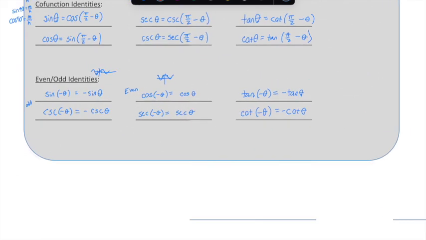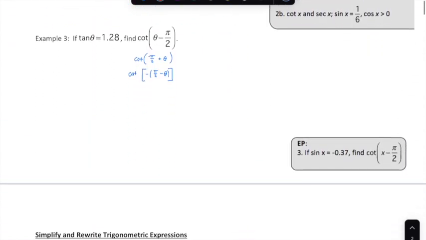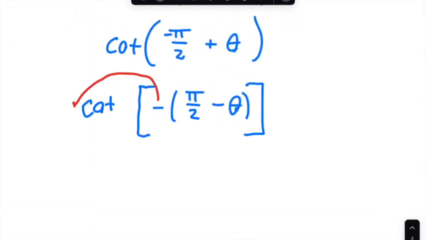So that's essentially what we're going to do on this. That's because it's an odd function. So that negative essentially is going to get moved out. Now, if it were cosine or if it were secant, the negative would just totally go away. But here, since it's cotangent, the negative will come out in front.